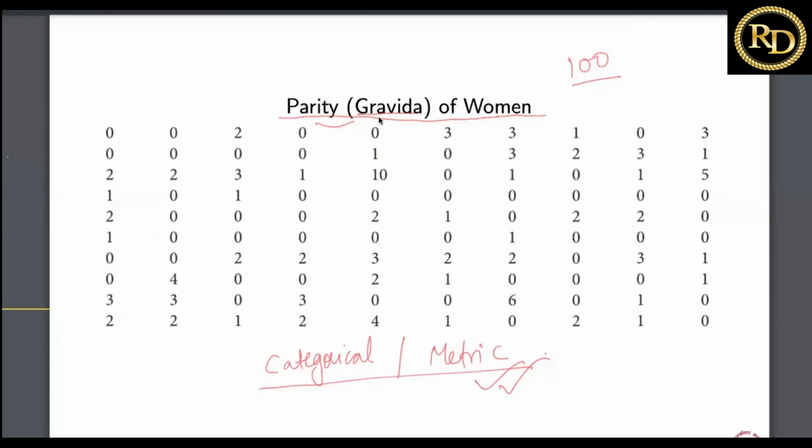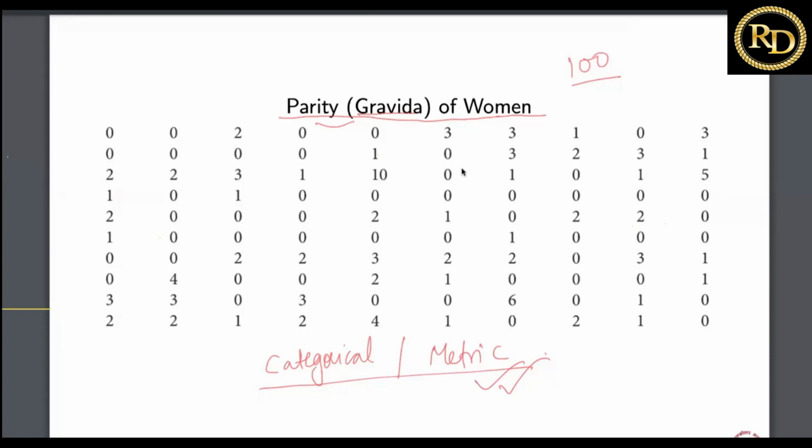Great. All those who have written metric variable are correct, and all those who have written categorical variable, that is not correct. Why? Because you can see, how many children? She will say three. With 3, the unit is parity.